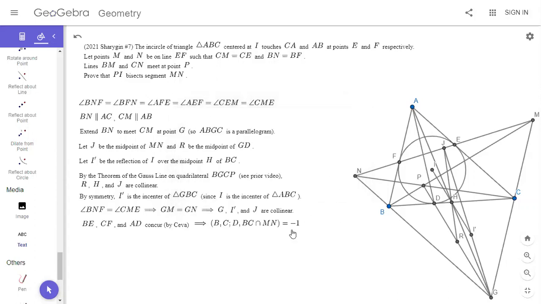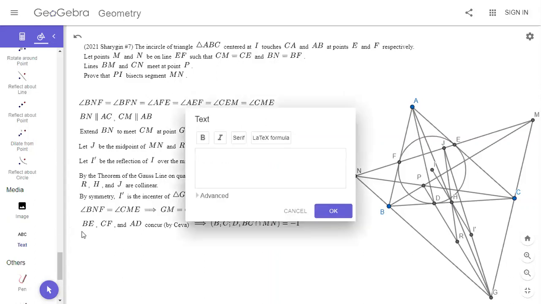And that implies that CN, BM, and GD are concurrent. Yeah, because we can take that ratio and we can project it through P. So I'll write it like this.